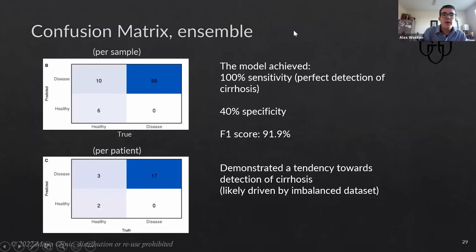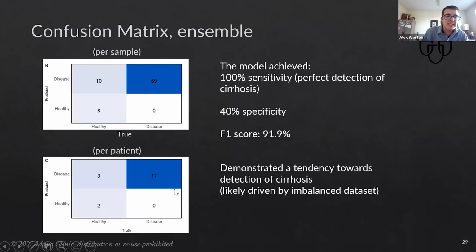Next I'll show the confusion matrix, aptly named, which shows the performance of our model on the patient level and the sample level predictions. Along the y-axis here at the bottom, you see the actual classification of whether or not the patient had cirrhosis or not. And then our prediction is shown on the y-axis here.